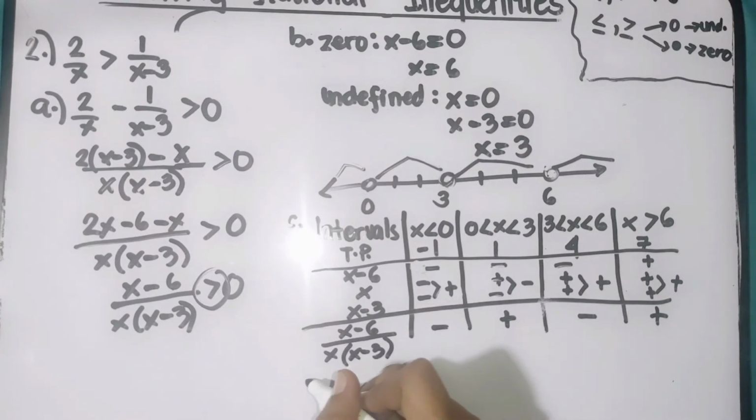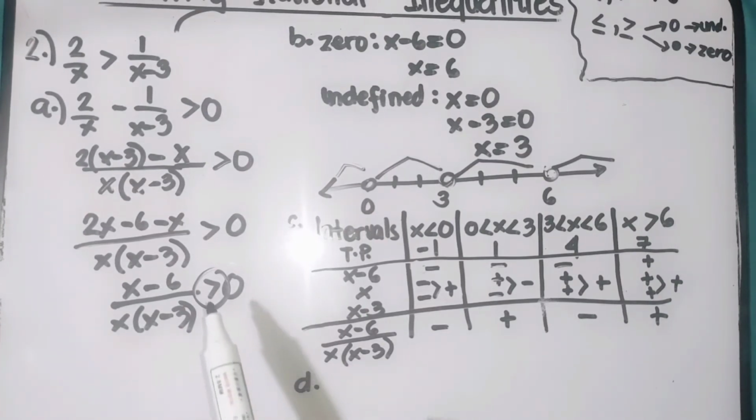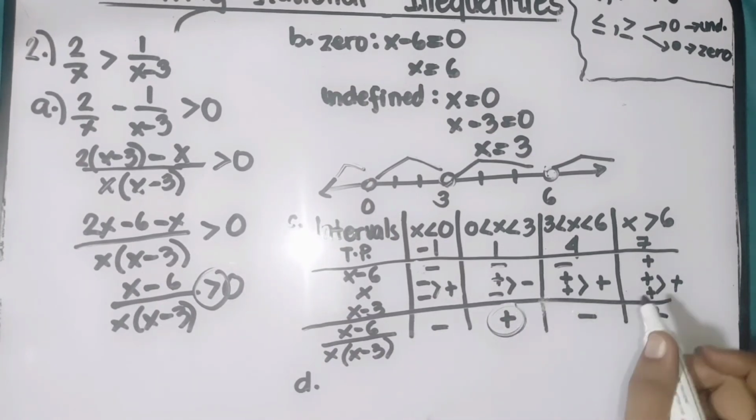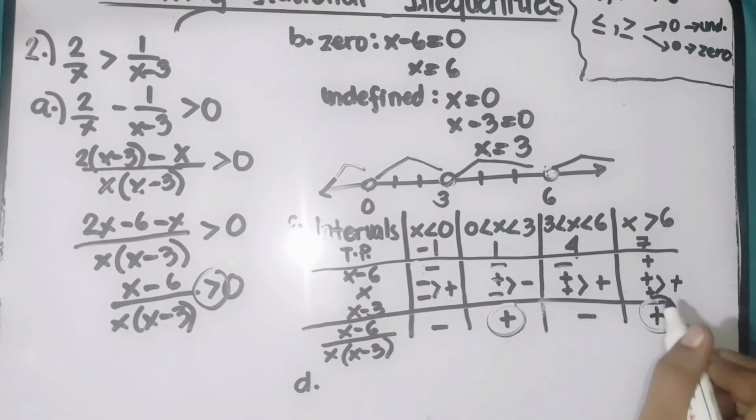For our last step, since our rational inequality symbol is greater than 0, we are looking for positive values. We have the second interval and the fourth one.